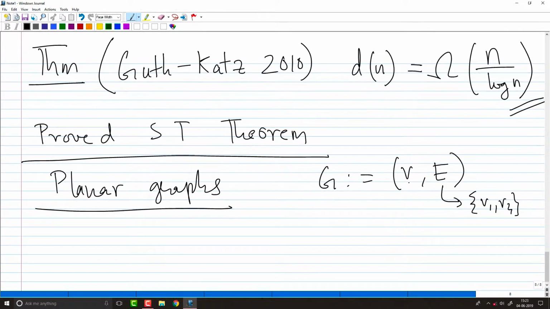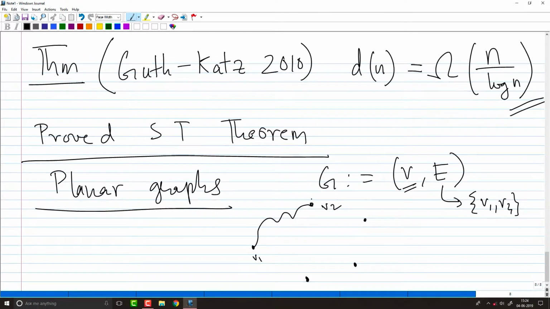So what do we mean when I say it is a planar graph? I will say G is planar if I can represent the vertices V by points in the plane, and if there is an edge between, let us say, vertex V1 and vertex V2, I draw it by a curve connecting these 2 points.